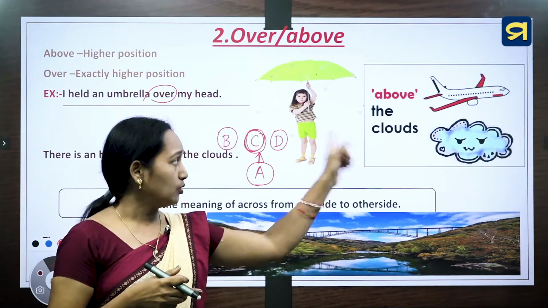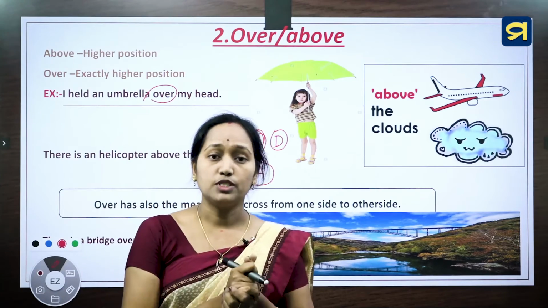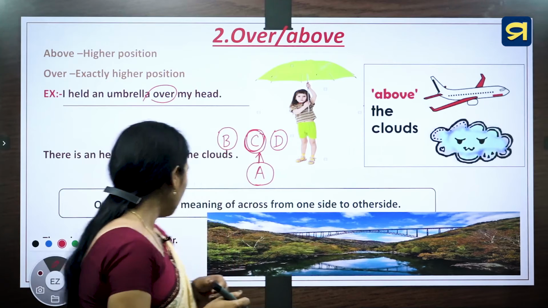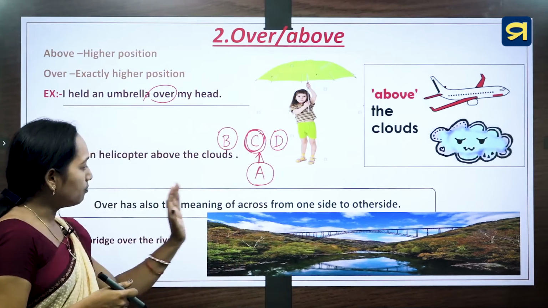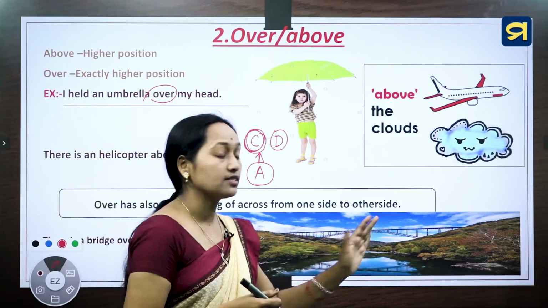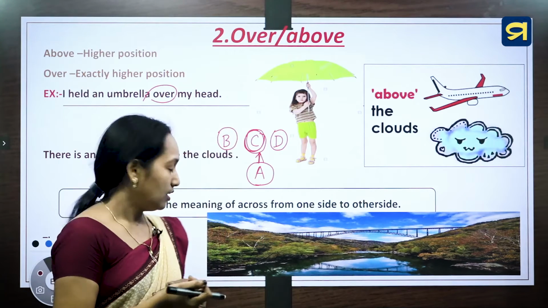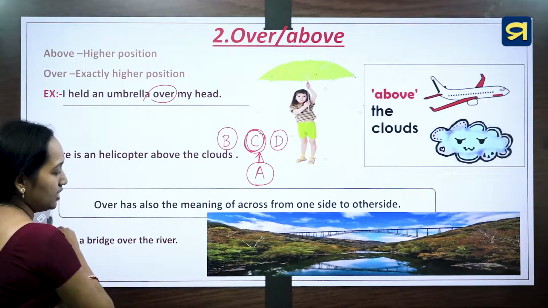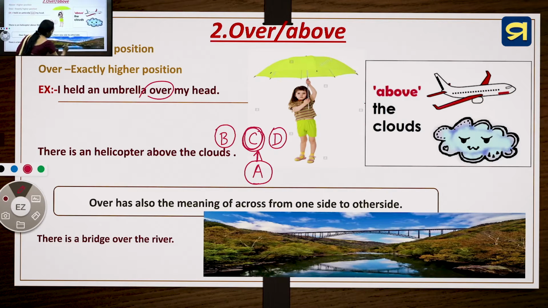In that case, we will use above, but when the object is exactly in a higher position, we will use over. Over also has the meaning of across from one side to the other. How? There is a bridge over the river. This is your river and there is a bridge over the river.